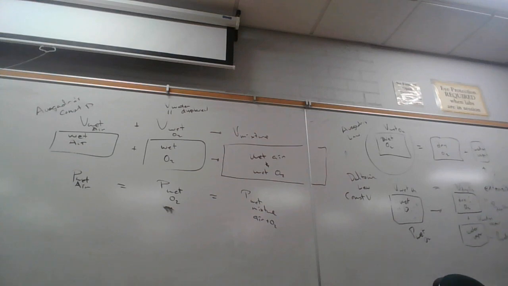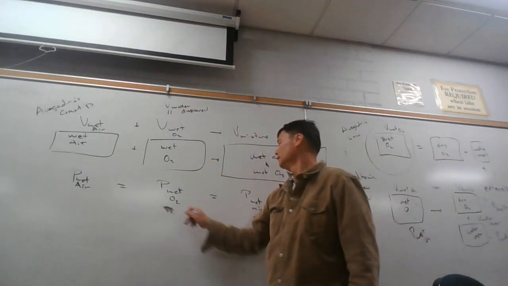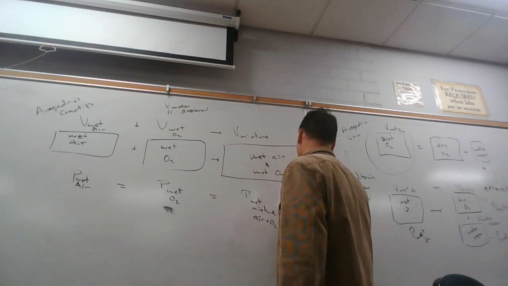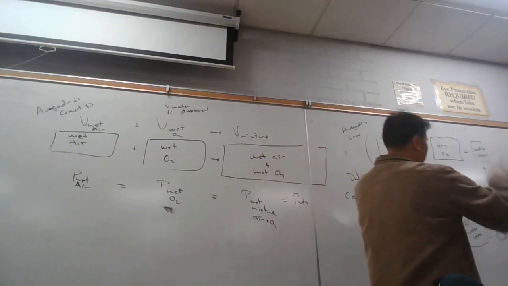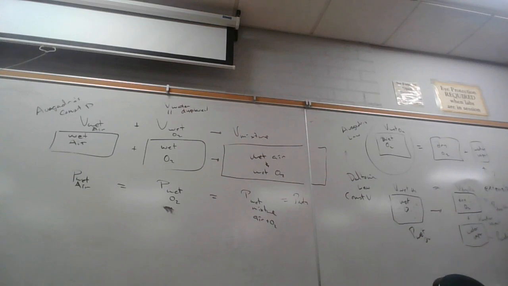The pressure of the wet O2, which we know, is the same as atmospheric pressure. All these are equal to the atmospheric pressure because we get the two levels equal. The pressure of the wet O2, which is equal to the pressure of the atmosphere, is equal to the pressure of the dry O2 plus the pressure of the water vapor.